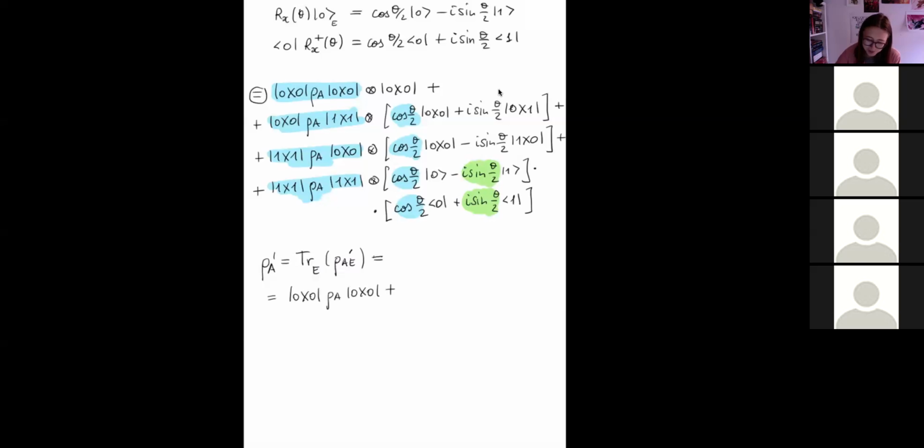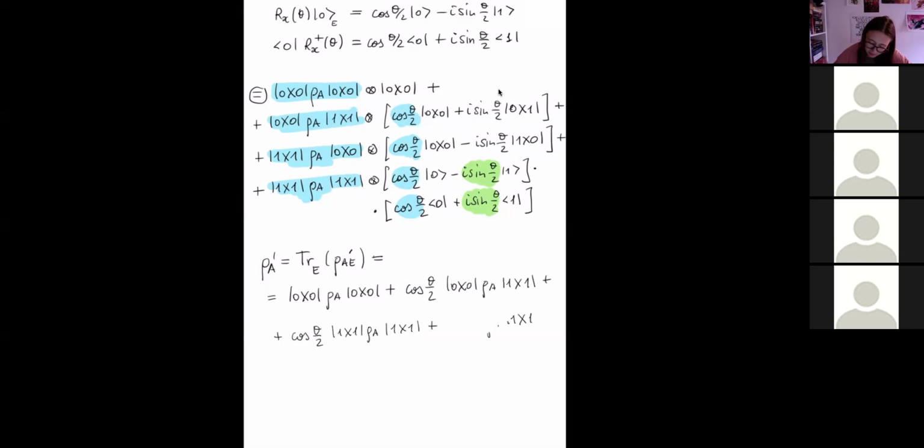Okay, this was a long detour. Let us go back to writing down our reduced density matrix. So here we have cosine theta over 2, 0, 0, rho A, 1, 1, plus cosine theta over 2, 1, 1, rho A, 1, 1, plus 1, 1 rho A, 1, 1.